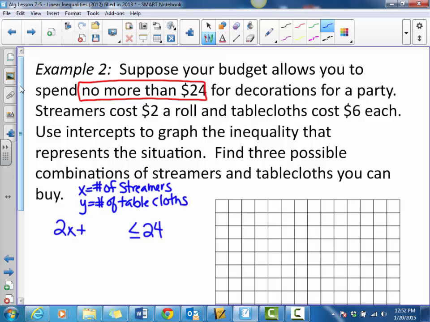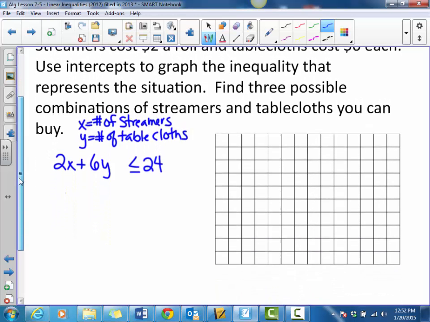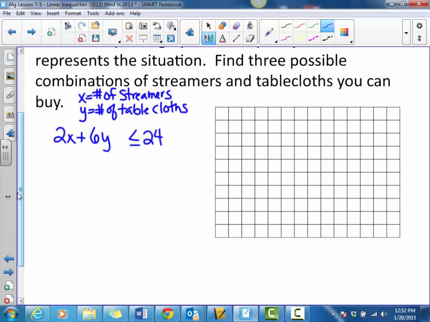And tablecloths are $6 each, plus 6y has to be less than or equal to 24. I'm going to get my graph ready really fast. This is x, which is my streamers. This is my tablecloths.